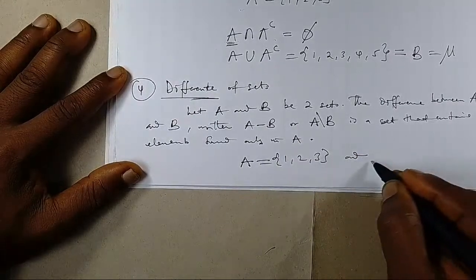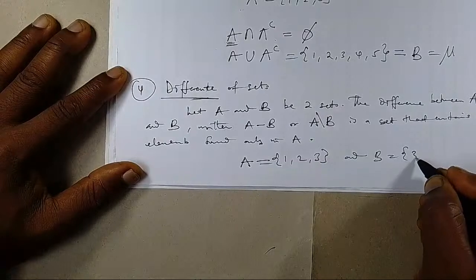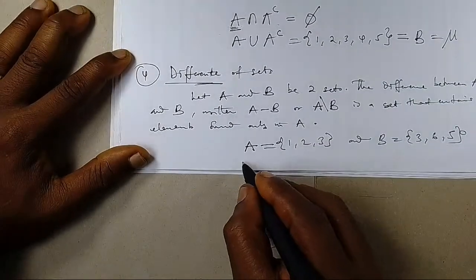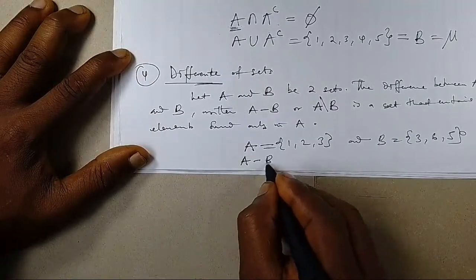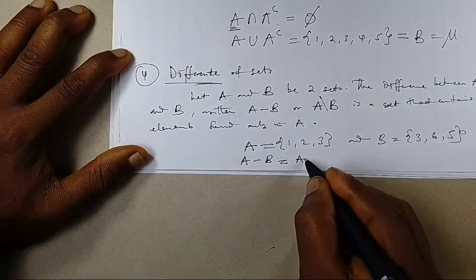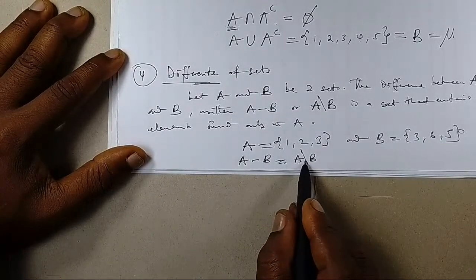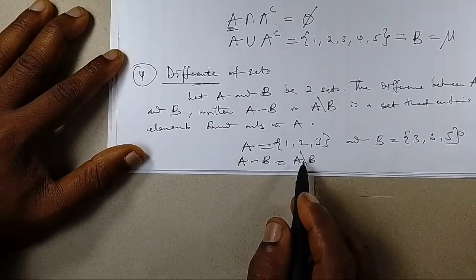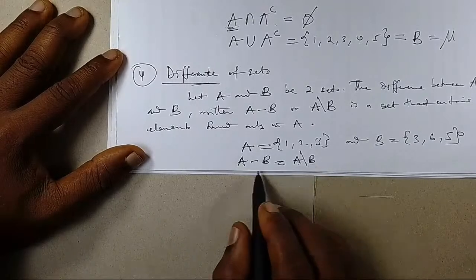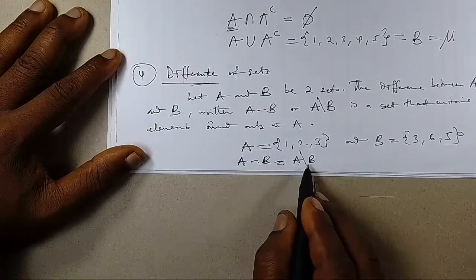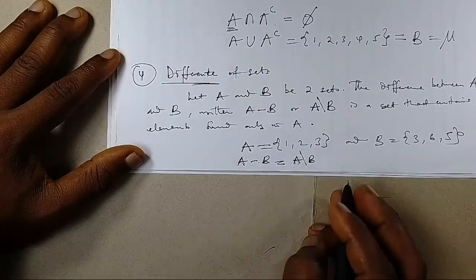B contains 3, 6, 5. The question is, what is A minus B, which is also written as A backward slash B? This backward slash is read as difference. So if you don't want to write it in this form, you can write it as A backward slash B, read as A minus B also.